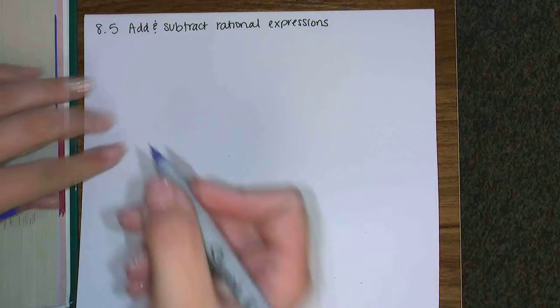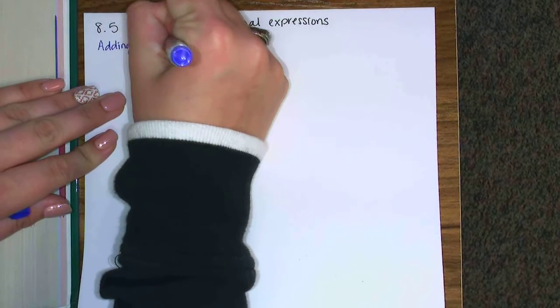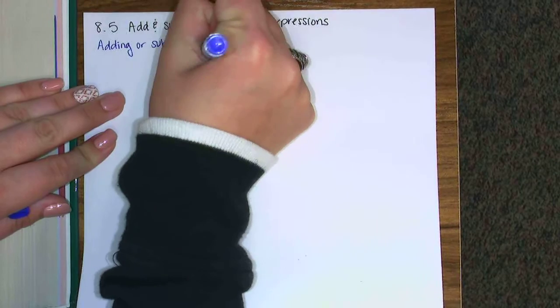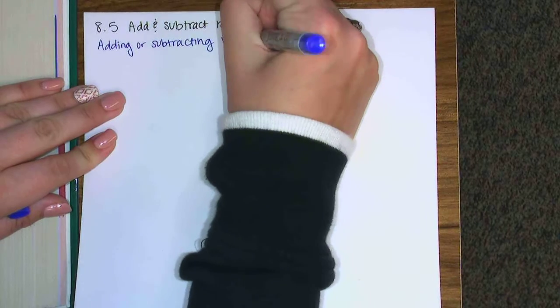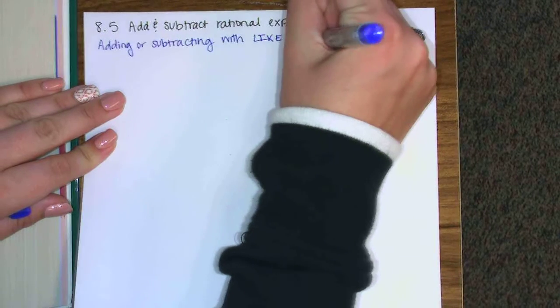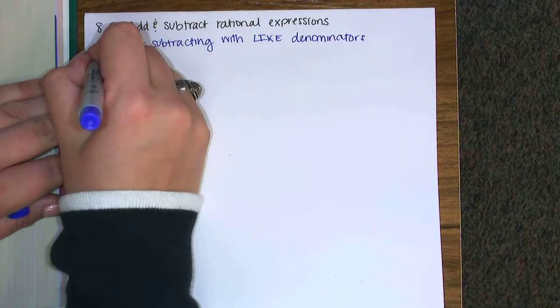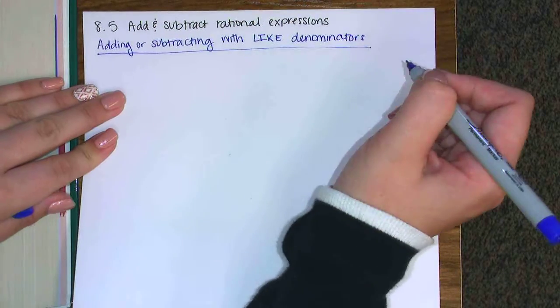Alright, so the first thing we need to look at is adding or subtracting with like denominators. Like denominators being the key for this one. We'll also do it with unlike denominators.